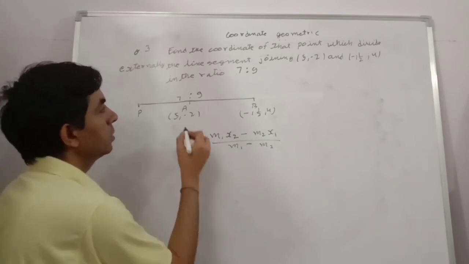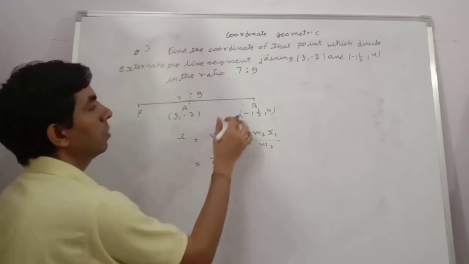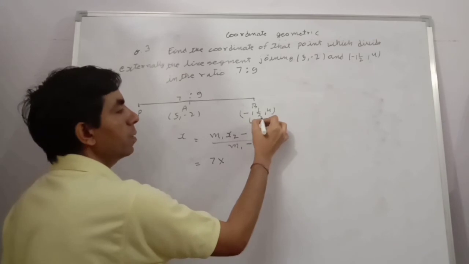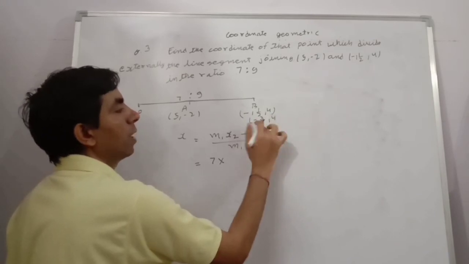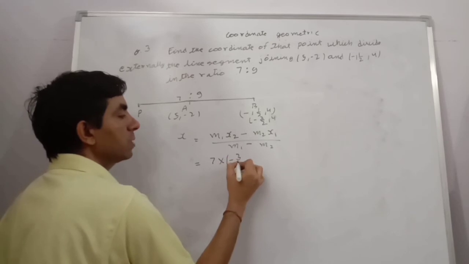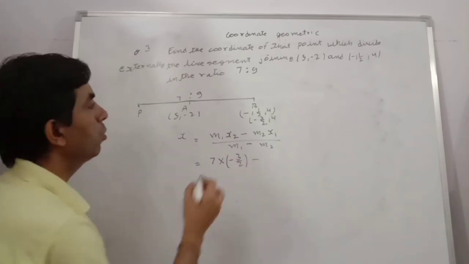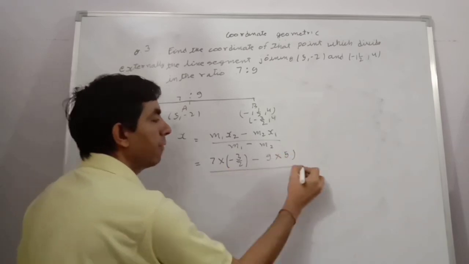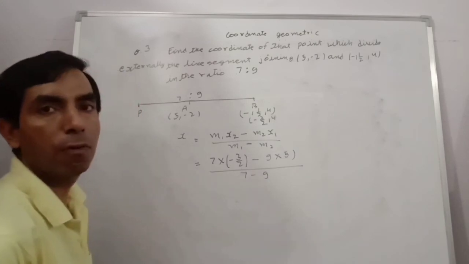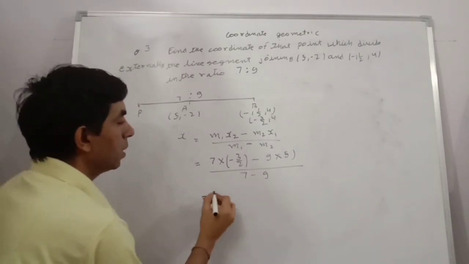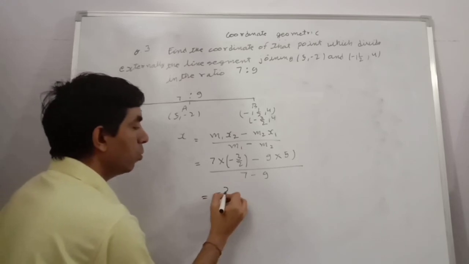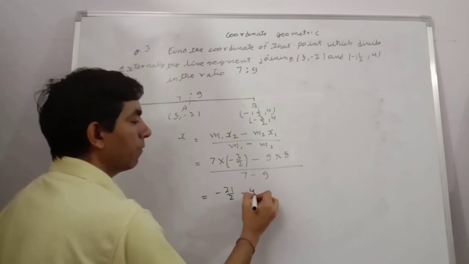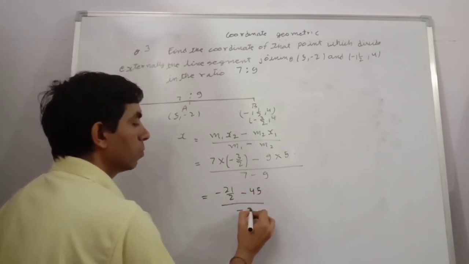So m1 is 7, multiply x2 which is -1 1/2, that in simple form is -3/2. Now we use -3/2 minus m2, which is 9, multiply x1 which is 5, upon 7 minus 9. Now solve it. 7 multiplied by -3/2 is -21/2, minus 9 times 5 is 45, upon -2.